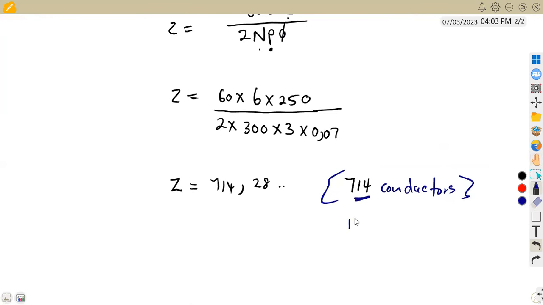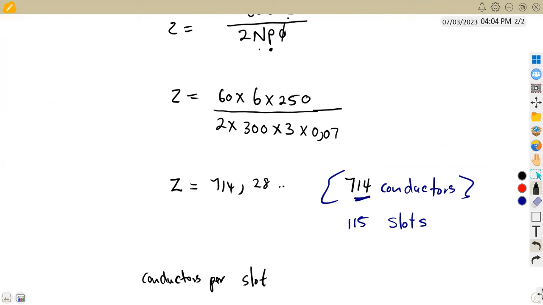Each slot, how many conductors is it going to carry? That is the question. So we need the number of conductors per slot.